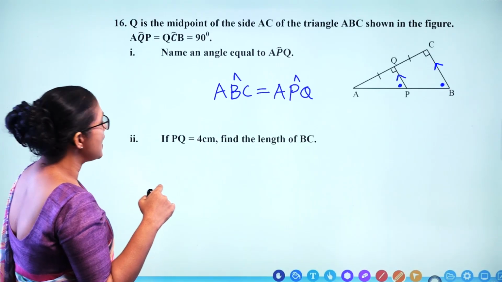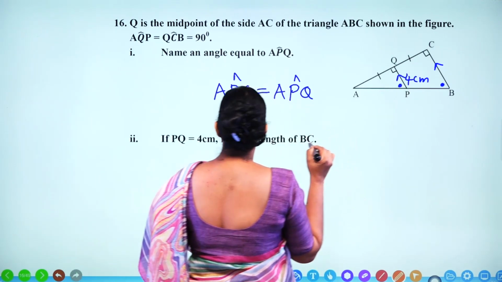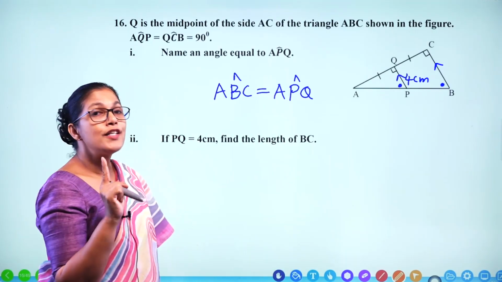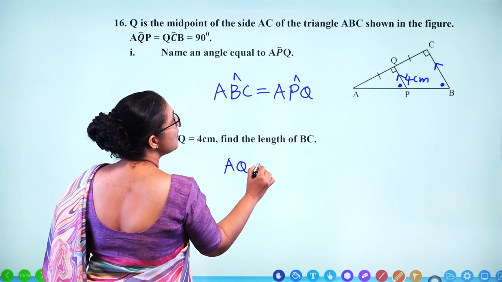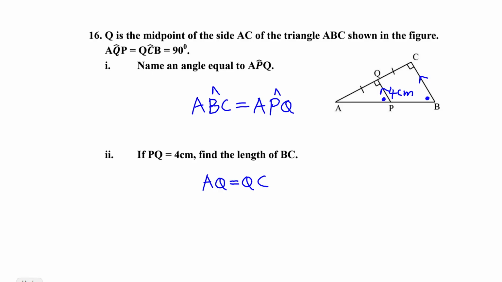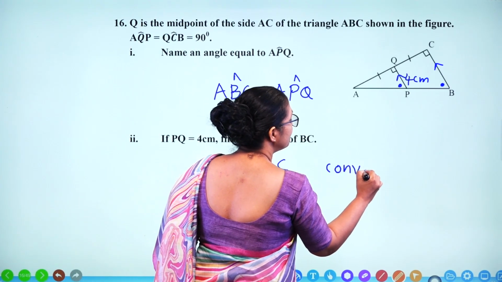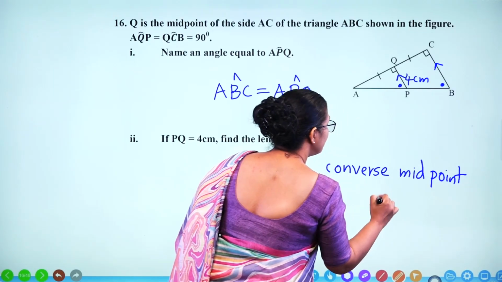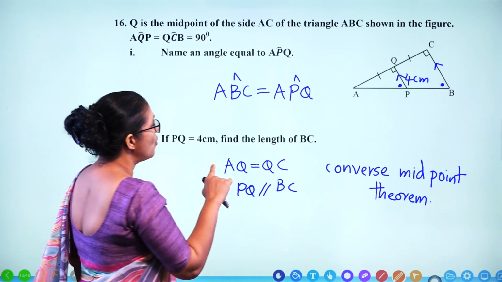If PQ is 4 centimeters, find the length of BC. According to converse midpoint theorem, what can you say? Q is the midpoint. We know AQ equals QC, and the two lines are parallel. PQ parallel to BC. Then according to converse midpoint theorem, you don't need to write down everything, just to explain.